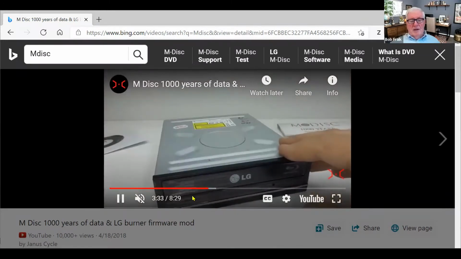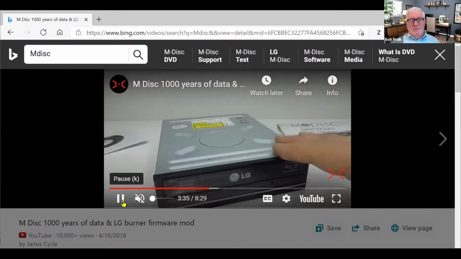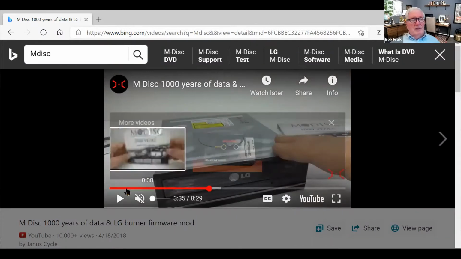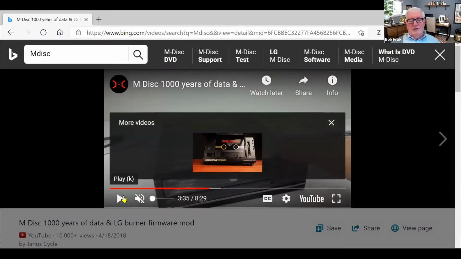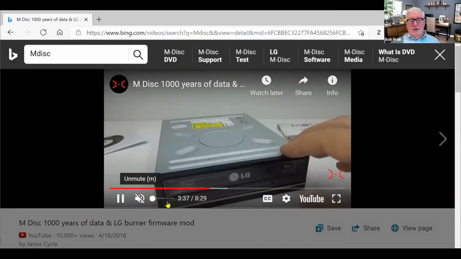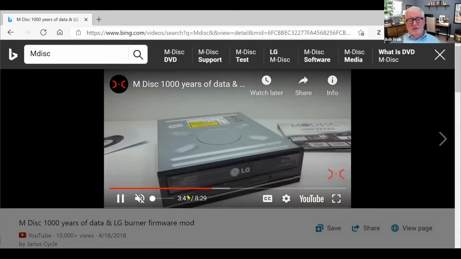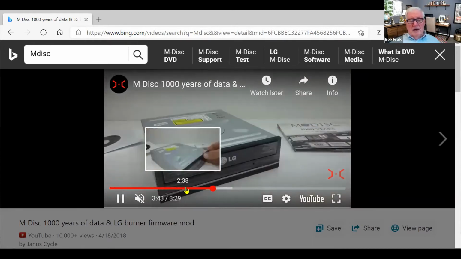Okay, now the type of drive. They'll play on any drive that you have. Any drive that'll play a DVD will play these. But it needs a special kind of drive to write to them, to create the information on the disc. The LG is the one that's normally recommended.